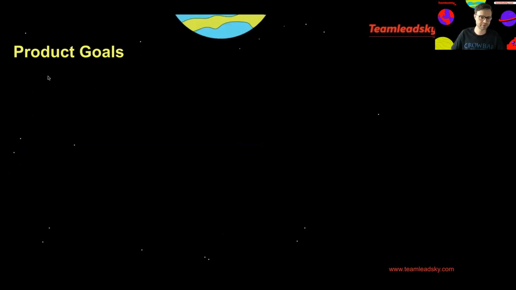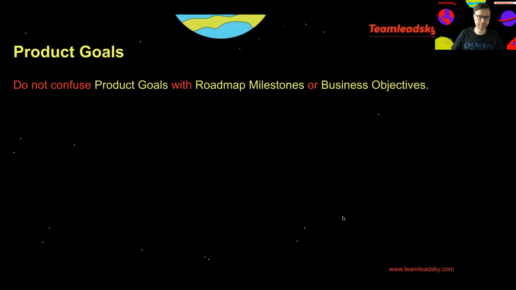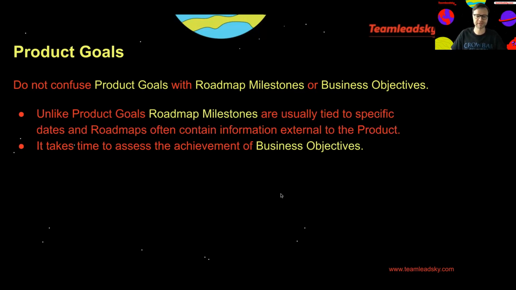So, product goals. One thing that I would like to mention about the product goals is that it is important not to confuse them with things like roadmap milestones or business objectives. So what is the difference? First of all, roadmap milestones are usually time-based.